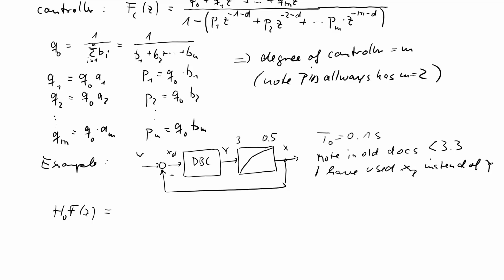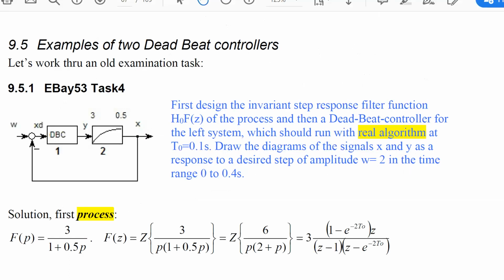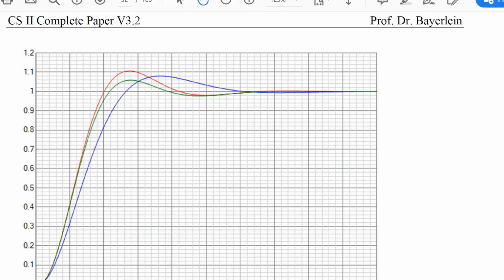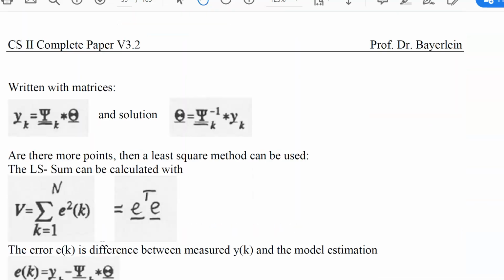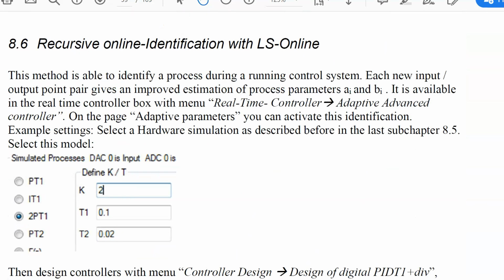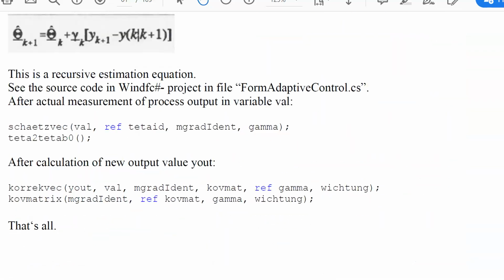We can do this with b1 z to the power of -1 divided by 1 plus a1 z to the power of -1. We use the following equations from chapter 9.2. Let's go to 9.2.